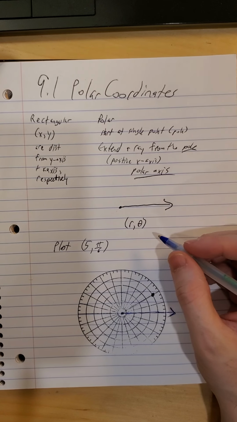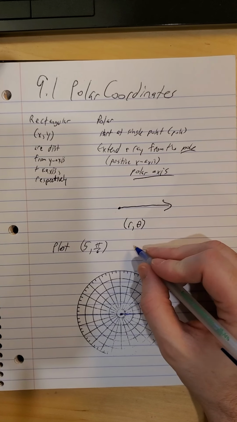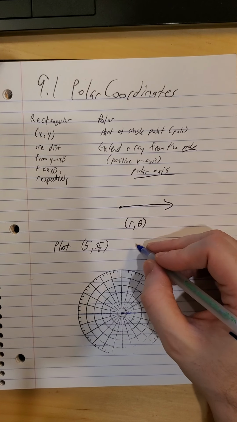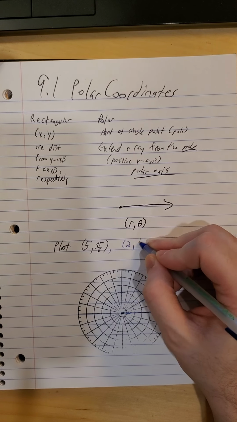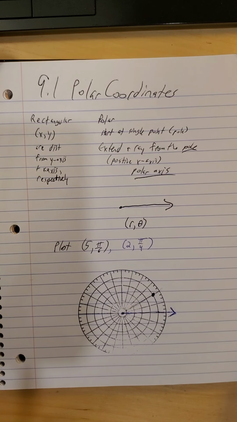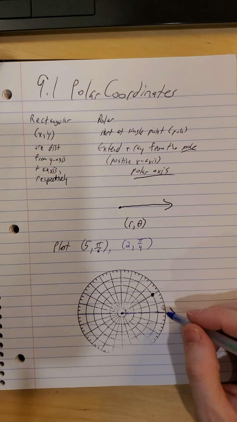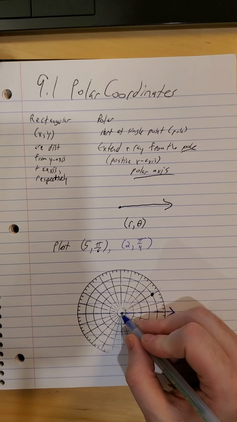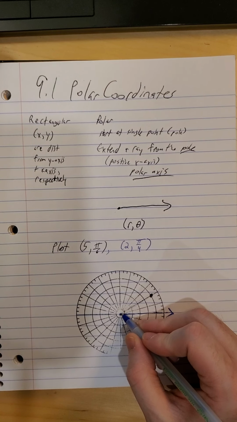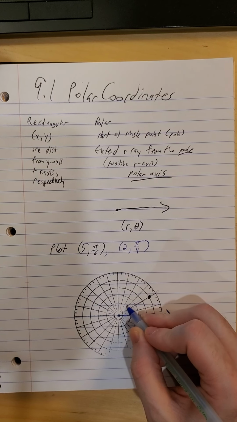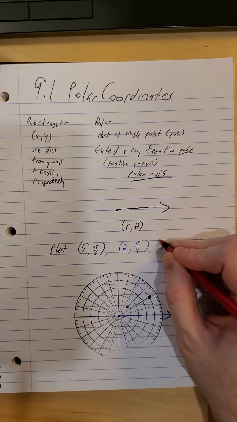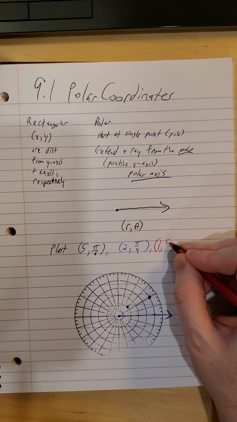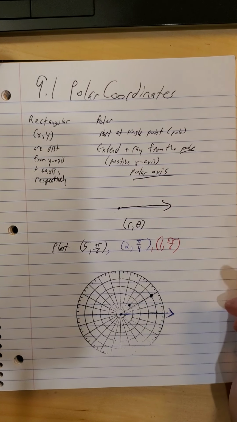And we'll just try a few more of these until we get used to the idea. It's also going to show us a couple things along the way. So next we'll plot 2 with pi over 4. Pi over 4, remember that is 45 degrees, and we're going out 2 units on the 45. Let's try one with a 5 pi over 6.